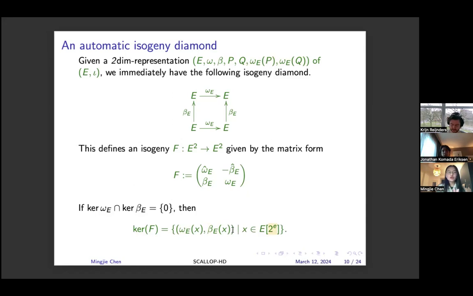So the evaluation of beta_E can be recovered from that of omega_E. This means that given a two-dim representation, we will be able to recover this isogeny F, and then we will be able to compute this isogeny omega. And by the tiny remarks I said, this means we have a representation for the orientation.